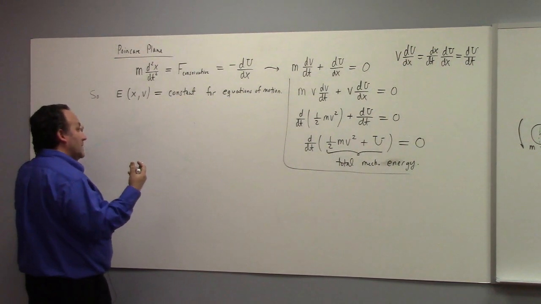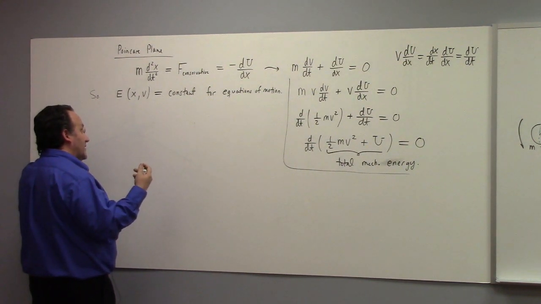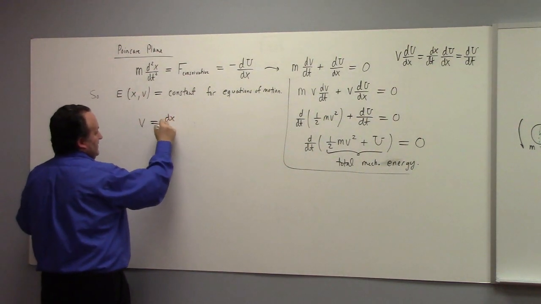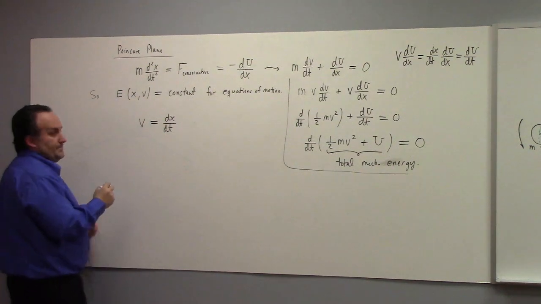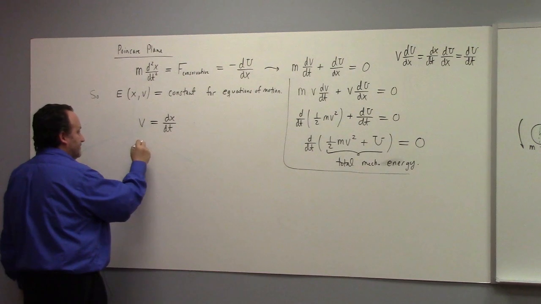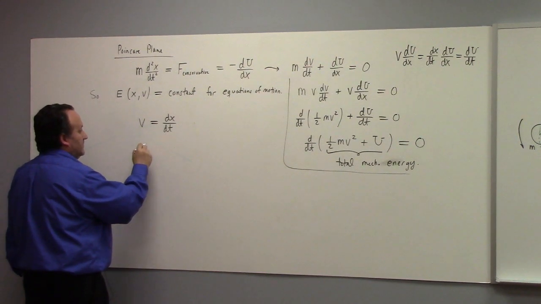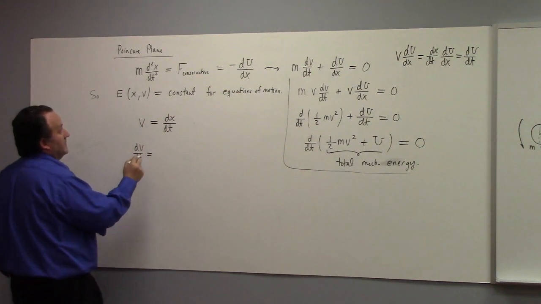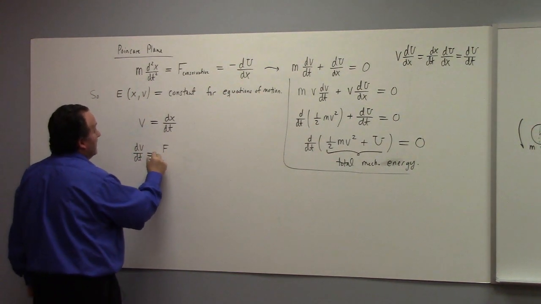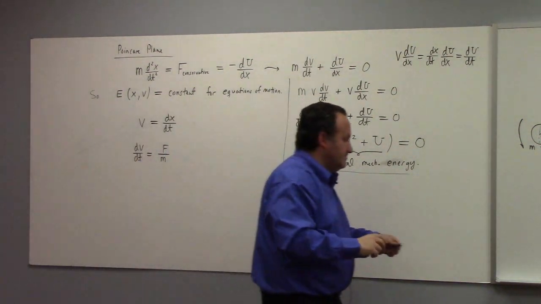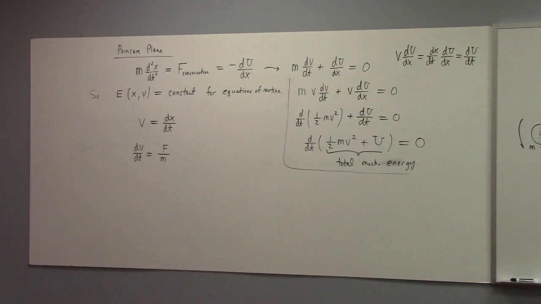All right, fine. Let me say a little bit more. So we have v is equal to dx dt, right? This is the definition of velocity, but we also have that dv dt is F over m, right? So if you put those together, you can view them as a package deal here.